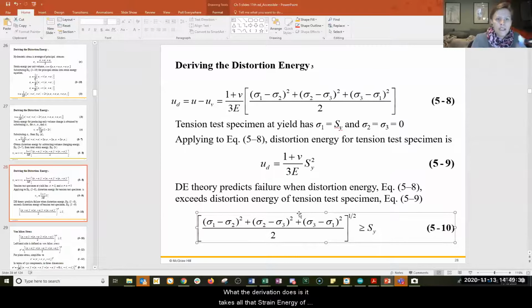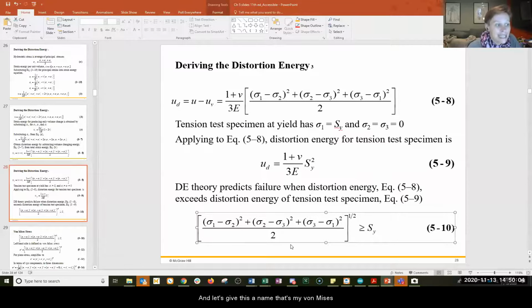What the derivation does is it takes all that strain energy of my actual condition and all the strain energy at yielding, and it substitutes in so that I can compare exactly my principal stresses in a particular organization to my yield strength. And so my factor of safety is the ratio of these two.